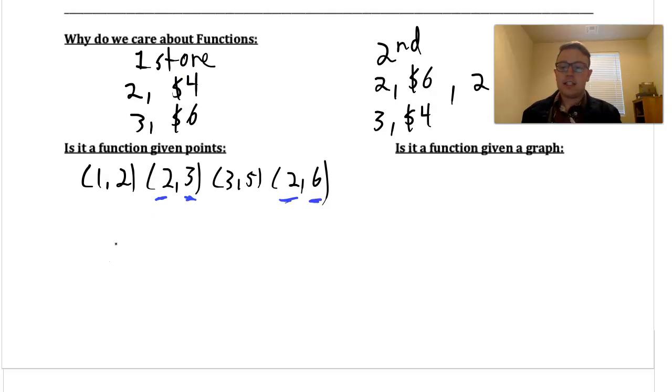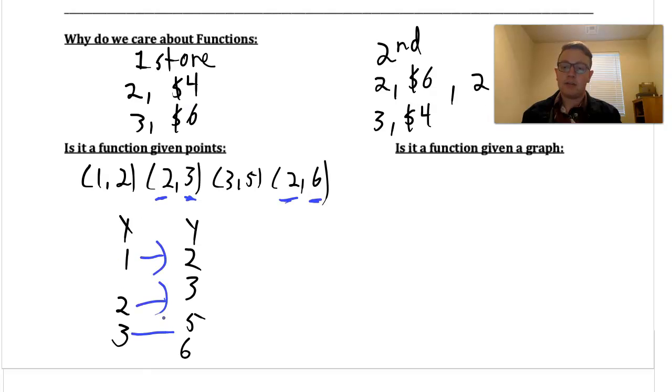The way I find simplest to do this is to make a mapping diagram. So look at all of your x's and all of your y's. And then if we have 2 arrows coming from one value, we know that this is not a function, because that means 2 as an input could go to 3 as an output, or 2 could go to 6. So that would make this not a function.